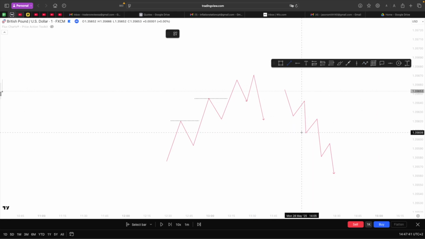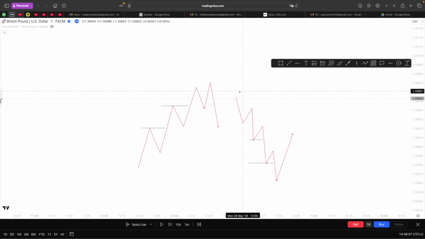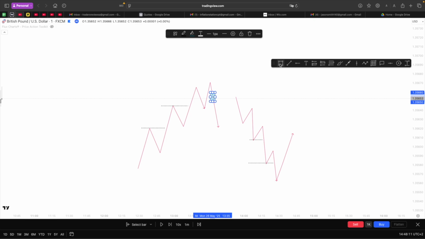When we are in a downtrend like this, we want to wait for price to take this liquidity right over here, and then we want price to reverse to the upside.